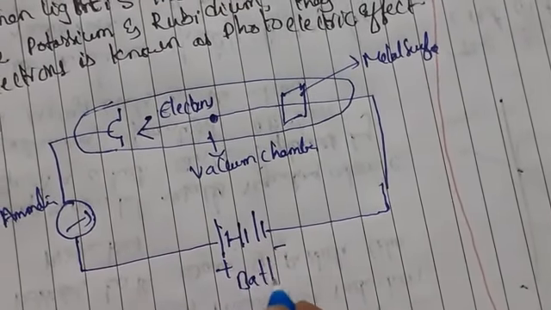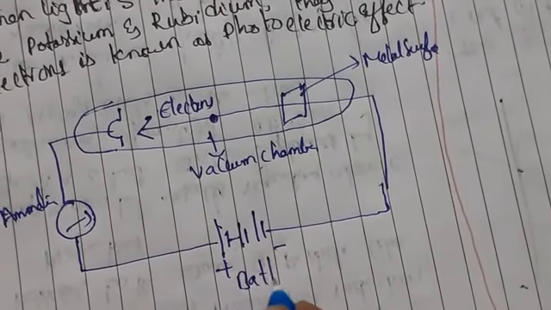This is the threshold, the minimum energy required, that we call the threshold energy. By this we can say the number of electrons ejected is directly proportional to the intensity, the brightness of the light. Whenever electrons are ejected, it also depends upon the wavelength of the light.